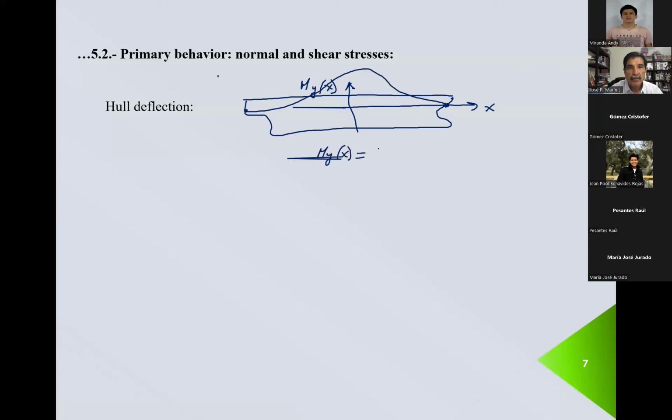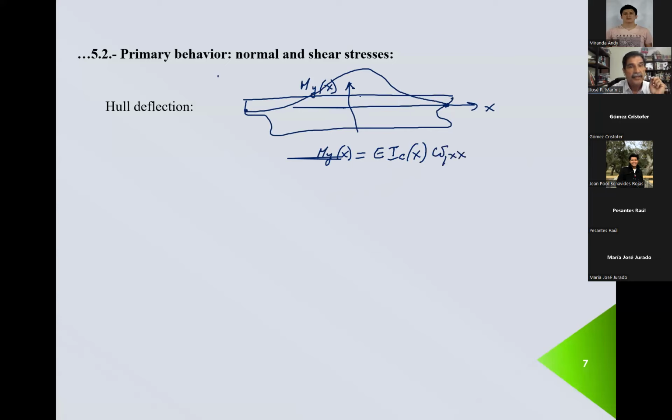It's equal to the Young modulus times the sectional inertia. Remember, in this case, we assume that this is a beam, but with variable inertia. And then we have W, comma, XX.